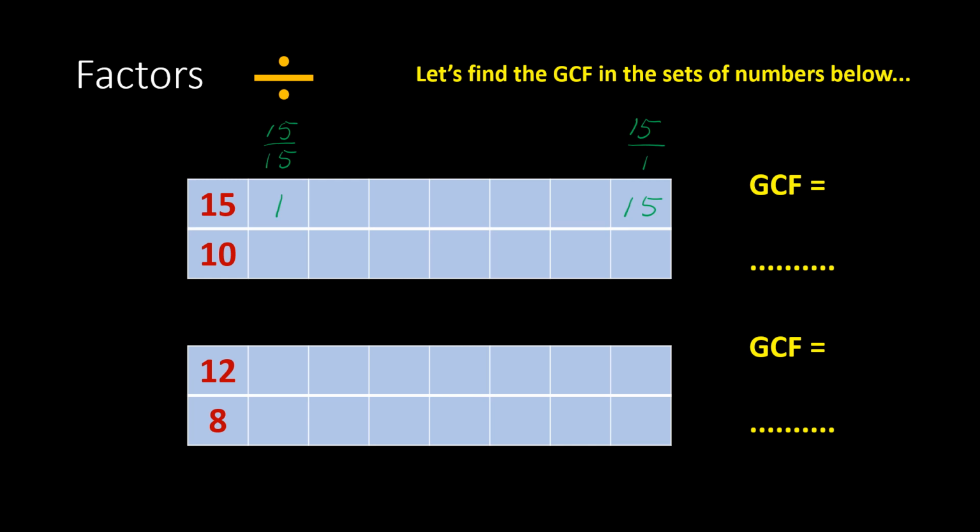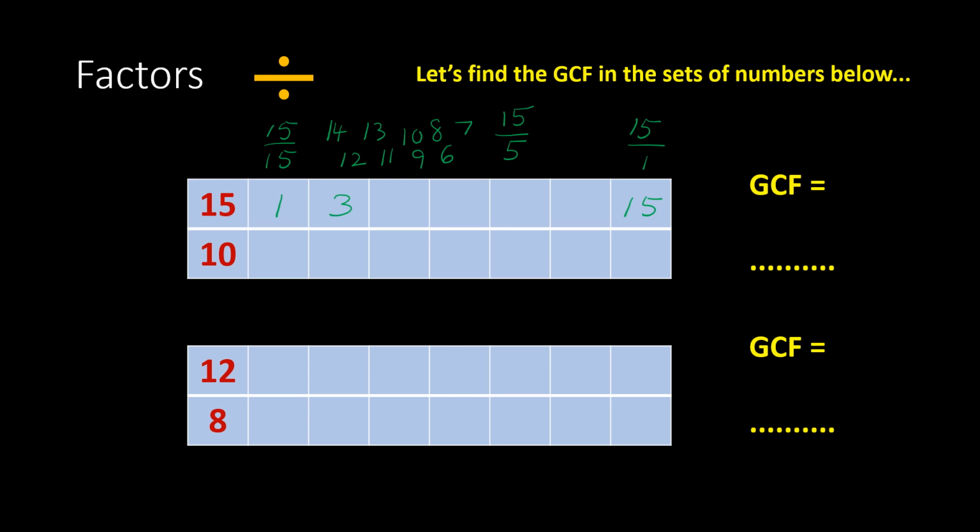So we have 14, which we can't, because we won't get a whole number. 13, we can't. 12, no. 11, no. 10, 9, no. 8, 7, 6, no. But we can divide by 5, and we will get 3.